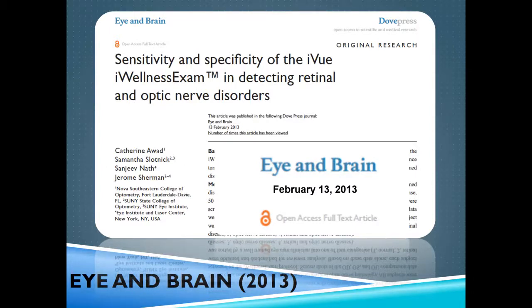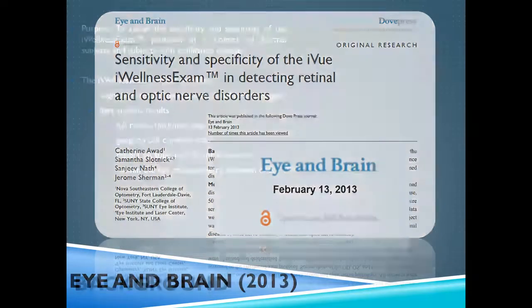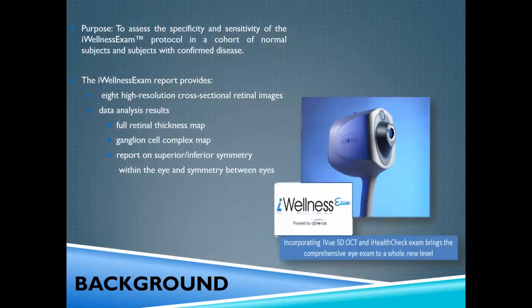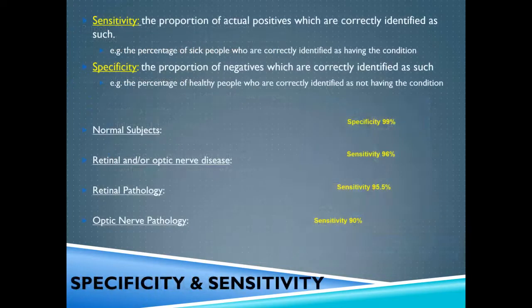A second one was just published last week, where we went a little bit further and used novice observers. In this instance, I looked at several hundred sets of scans and made a determination in about 10 or 15 seconds as to whether a patient was normal or abnormal. If abnormal, was it optic nerve disease, was it retinal disease, or actually was it both? Remarkably, the sensitivity and specificity were very, very high.